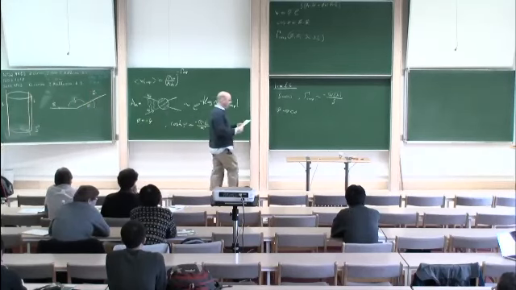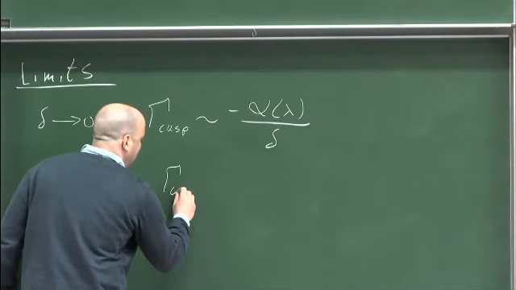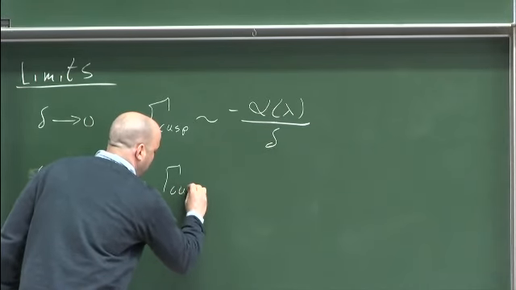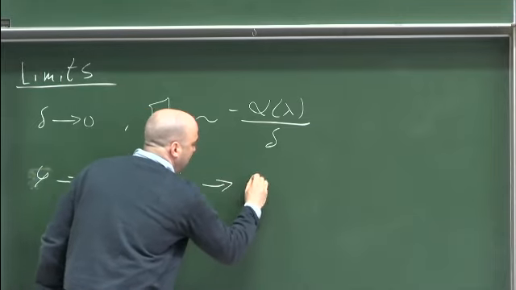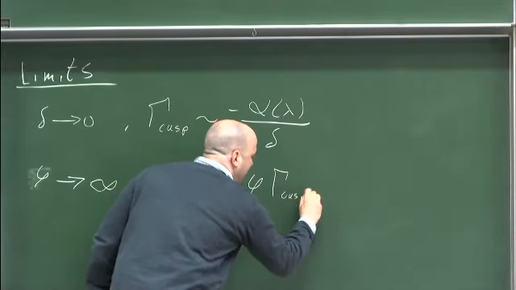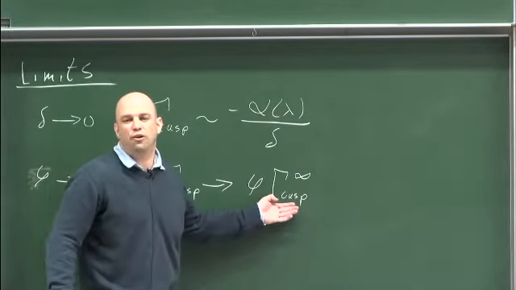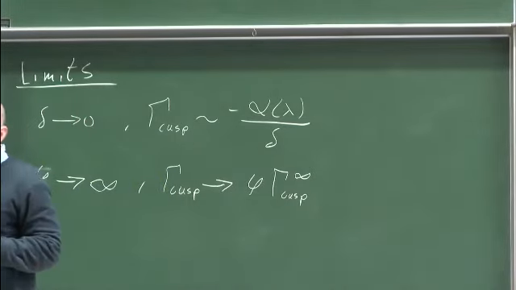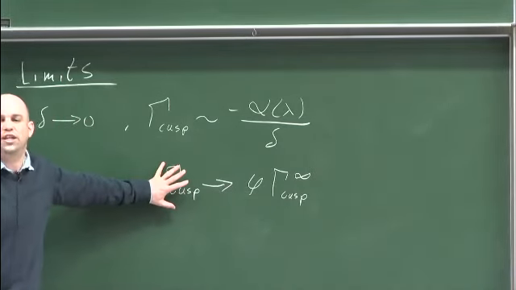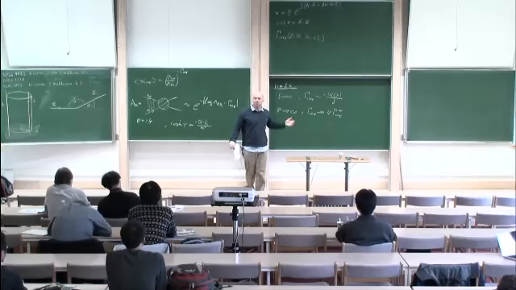This is what is most known as the cusp anomalous dimension. In this case, the general form of this cusp anomalous dimension will go like linear in the angle times what I'll call gamma cusp infinity. The computation of this is what is usually called gamma cusp, but please don't confuse it with the more general cusp anomalous dimension that we will compute here, which is a function of the two angles. This is just a limit of it.